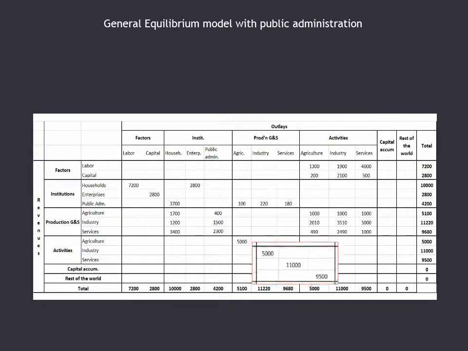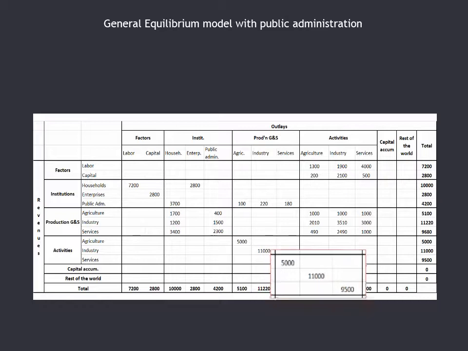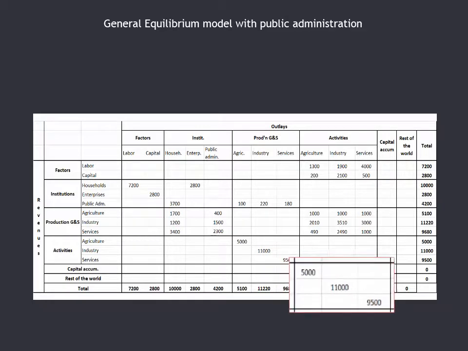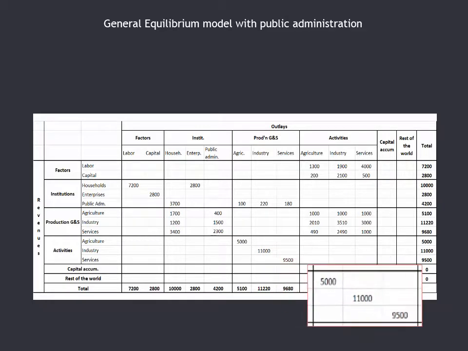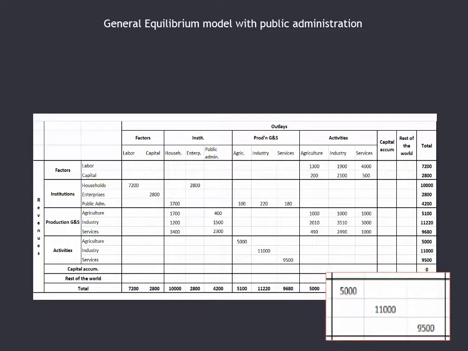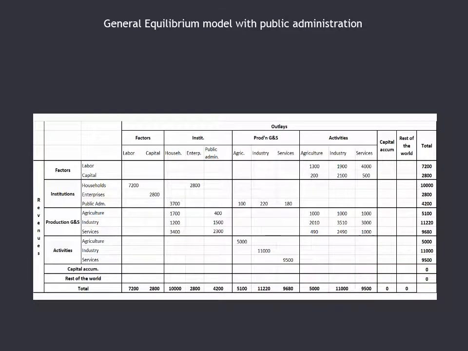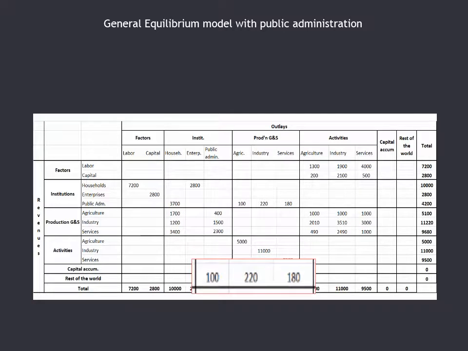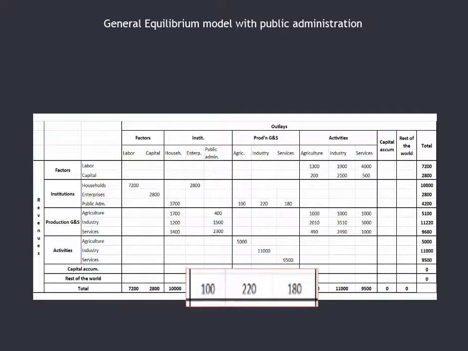It is 5,000 in the agricultural sector, 11,000 in the industrial sector, and 9,500 in the services sector. But here there is a slight difference, because we also have indirect taxes collected on the sales of these goods and services: 100 in the agricultural sector, 220 in the industrial sector, and 180 in the services sector.